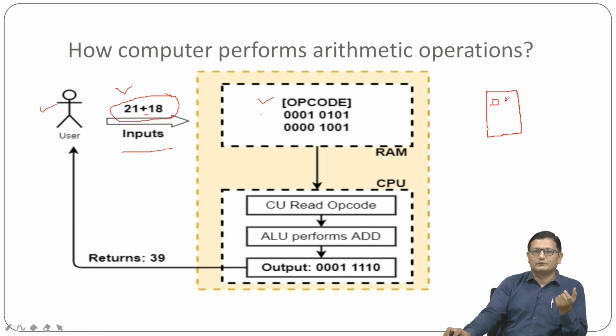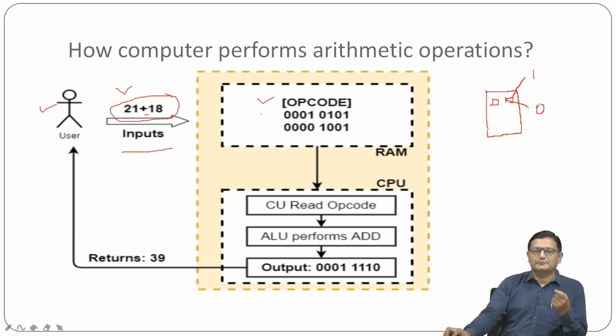And what we can do to these devices is charge or discharge. Suppose if you charge a particular transistor, then the electron is present. If the electron is present, it will represent 1. If you discharge it, the electron is absent, and in that case we can say it is a 0.